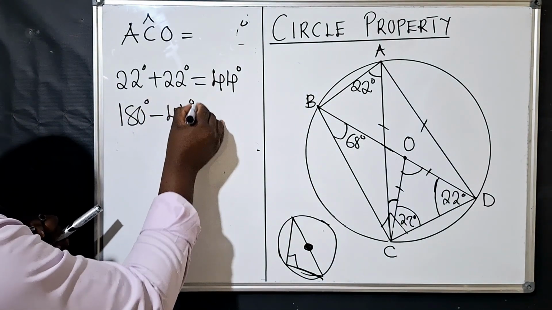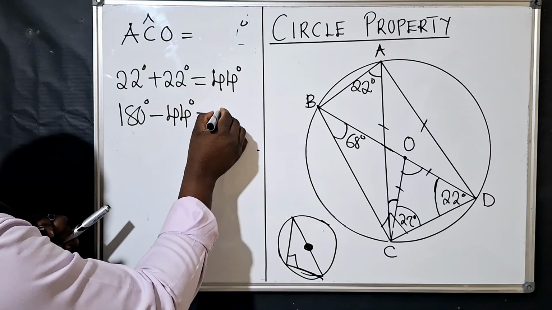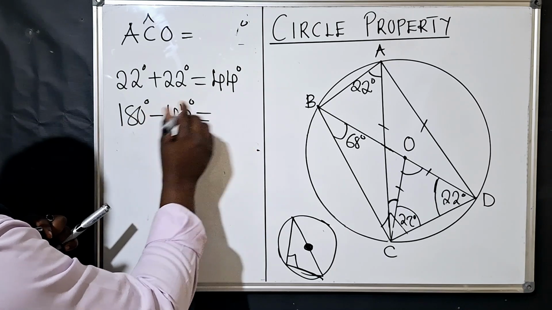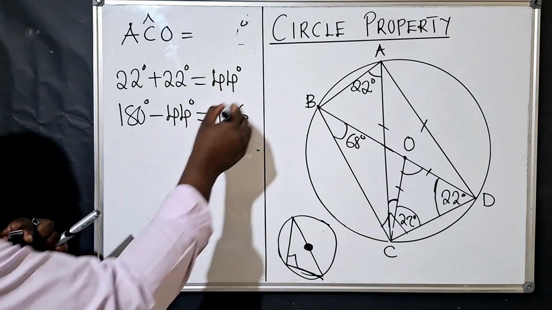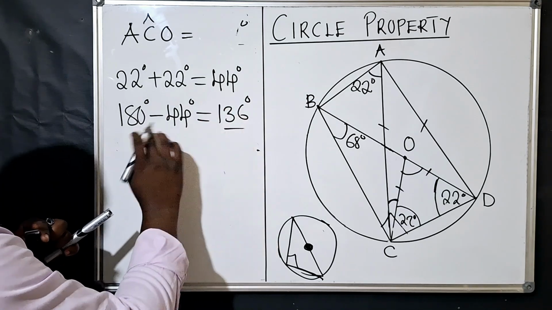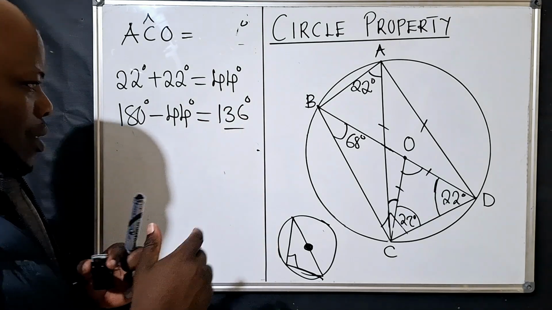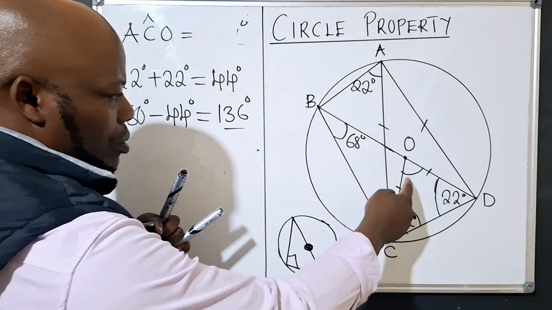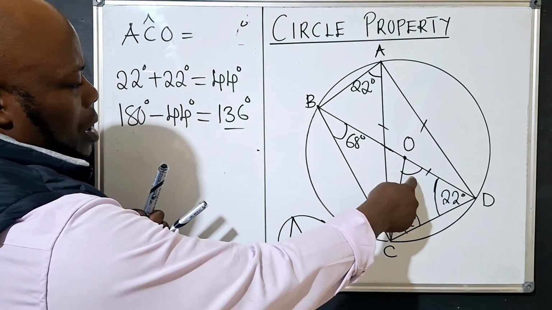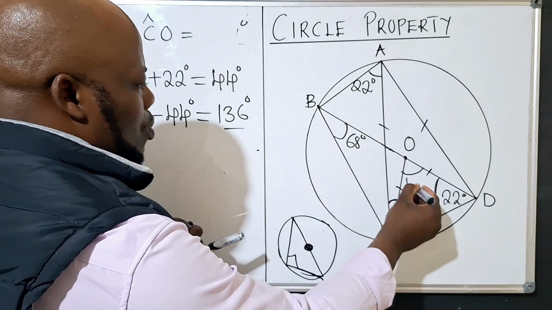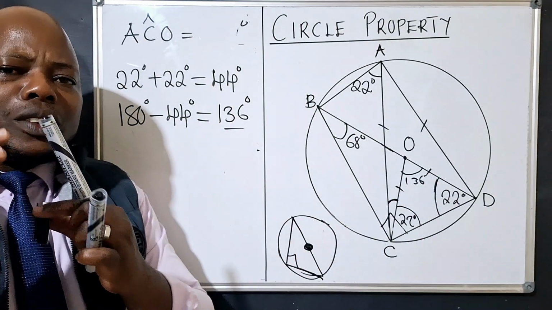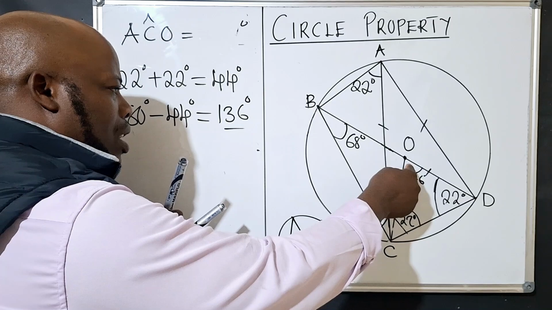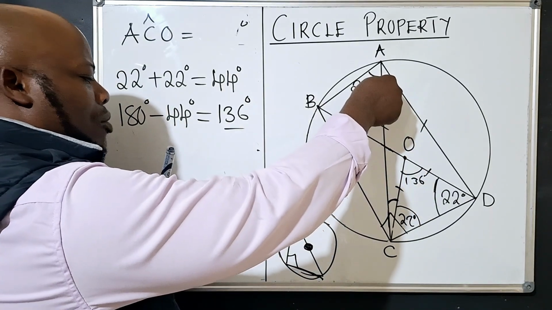And when we do so, the answer is coming out to be equal to 136 degrees. Okay, so this is 136 degrees. Now remember here, since we found this as 136 degrees, there is a property which says that an angle here is twice the angle at the circumference.